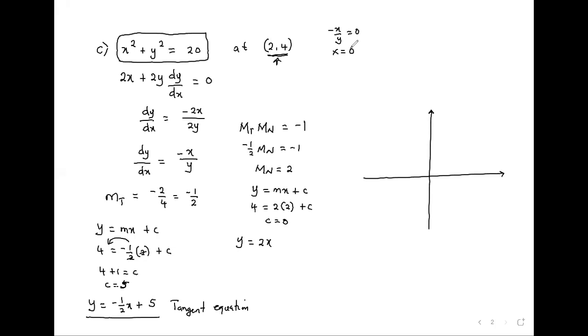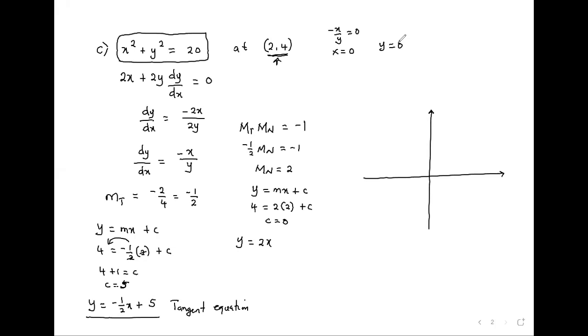So when x is 0, the derivative will be 0. It also has y is equal to 0 as a critical number. So you can see that both variables are critical numbers, so it will be difficult for us to use all those principles.